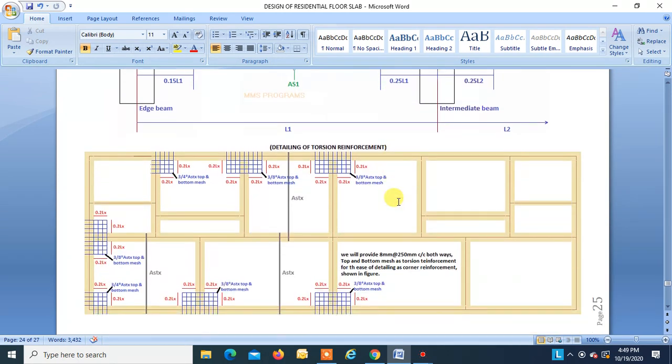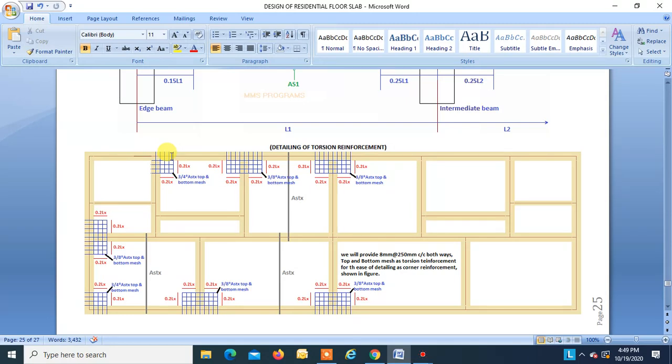Now comes the provision of torsion reinforcement. This is very important because, as the corners are held in these two-way slabs, we will have to provide torsion reinforcement as we saw before. You have to provide a mesh at the top and a mesh at the bottom.